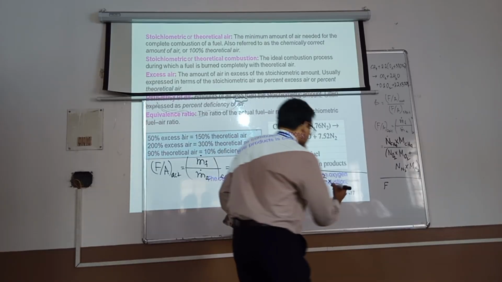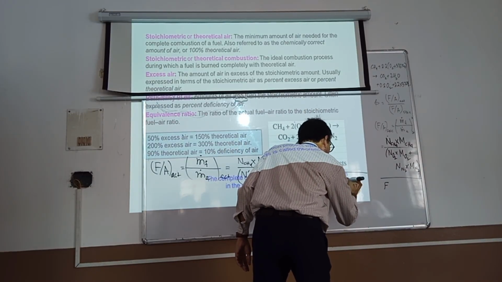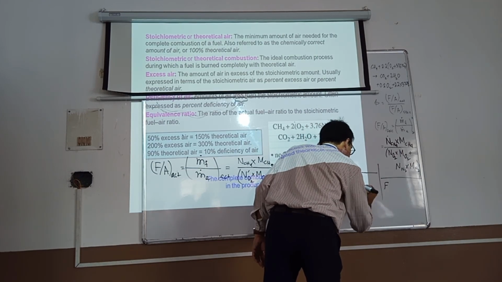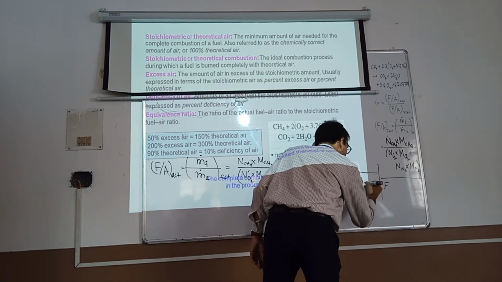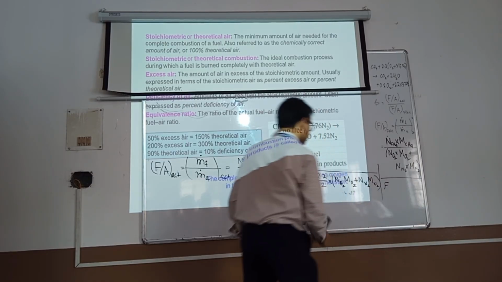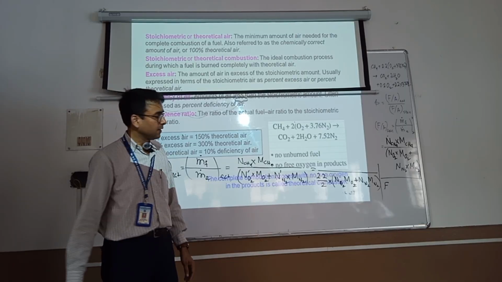Okay? So it is N O2 M O2 plus N N2 multiplied by M N2. Clear?